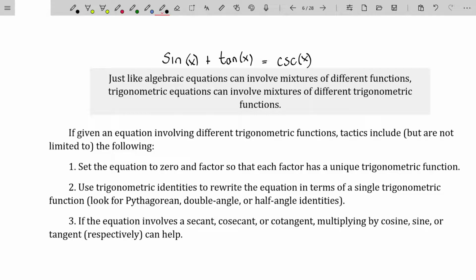And in this case, you would have to kind of invent a way to make this work. In fact, this would work better if that was a cotangent, to be honest with you. So this could be solved, but you have to be willing to look for a way to solve that. You need to get them all to be either the same trig function or be able to factor out a trig function. So how do you do this?